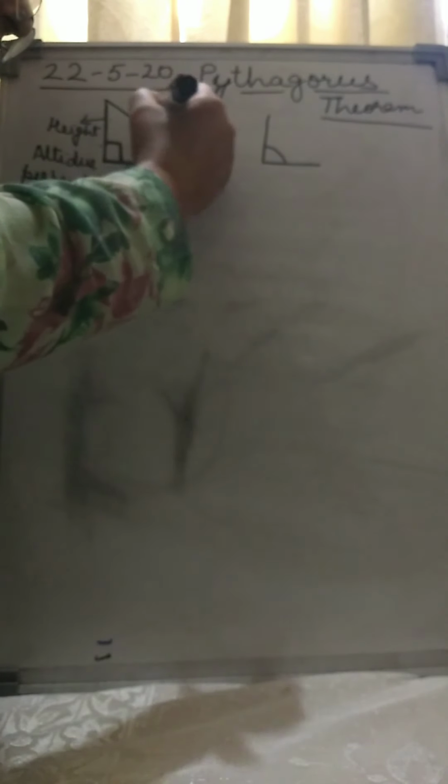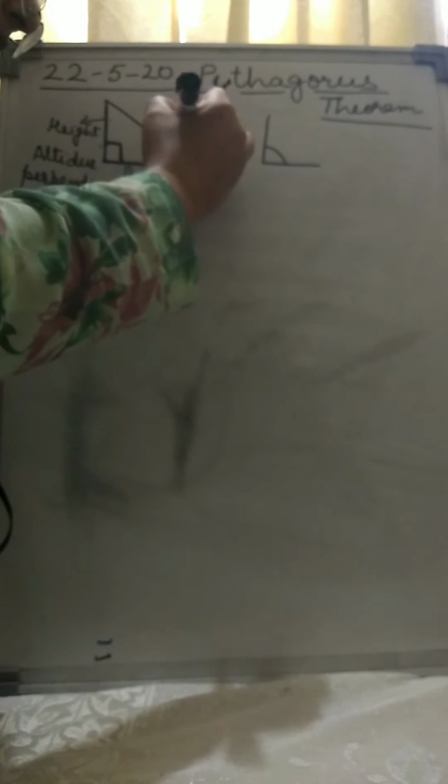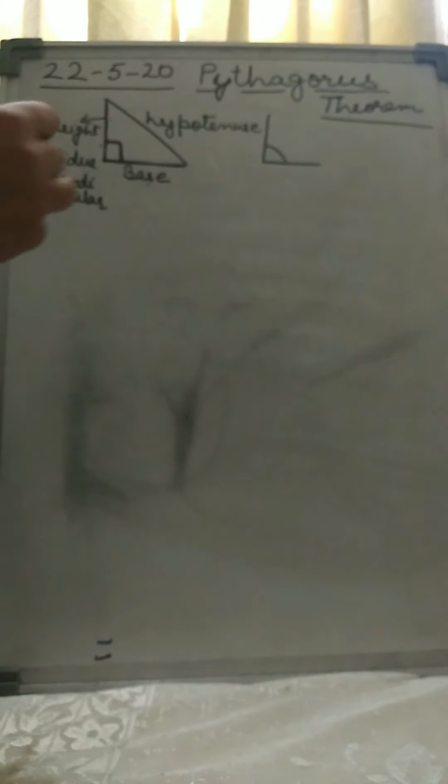Now this is a very important new thing for you. The side opposite to the 90 degree angle is called the hypotenuse. The 90 degree angle is here, and this is the side opposite to it.